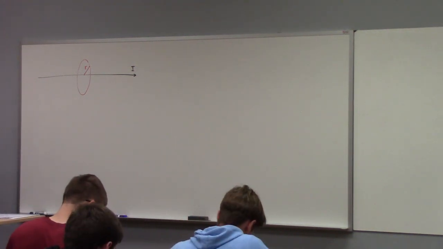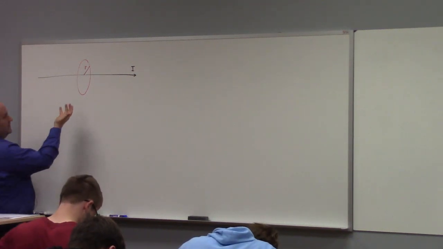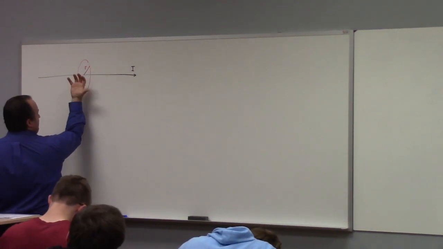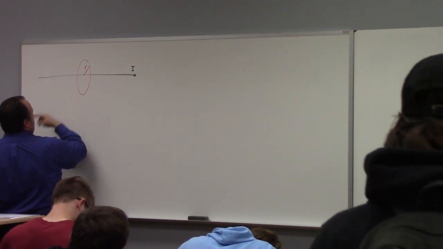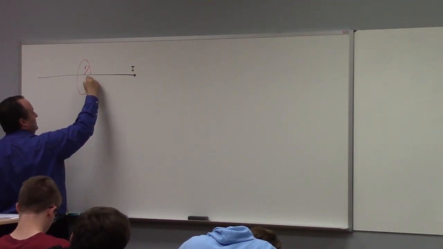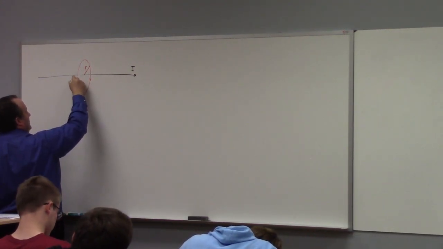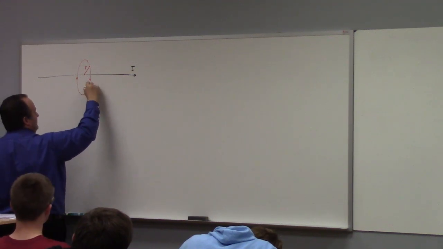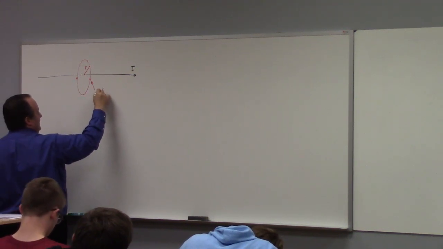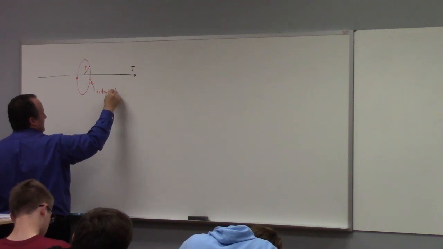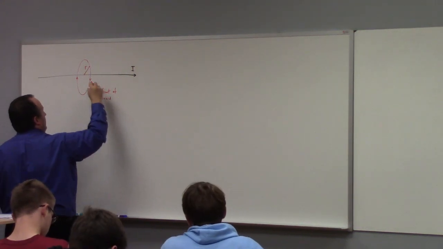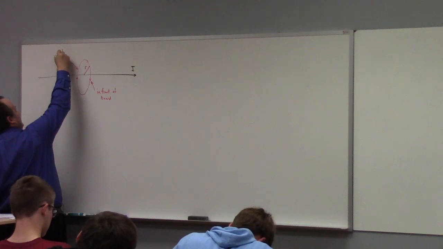By the Biot-Savart law, we know the direction of the magnetic field encircles the current. So we've got the magnetic field going like that, and this part is in front of the board, and this part back here would be behind the board.